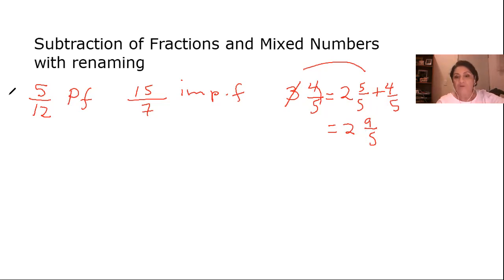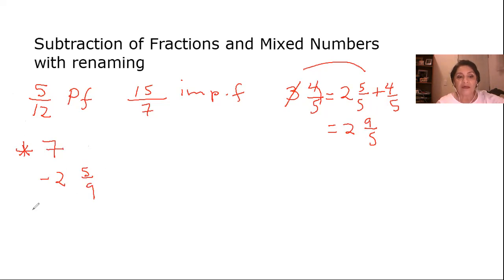And for example, what happens when I have a whole number? Let's do this example. If I have a whole number, no fractions, just a whole number, 7, minus 2 and 5/9. What do I have to do?